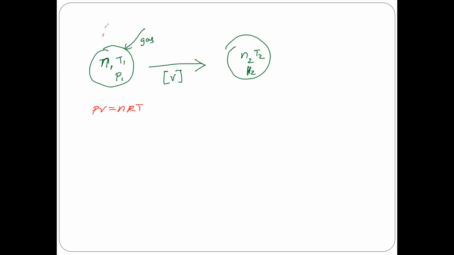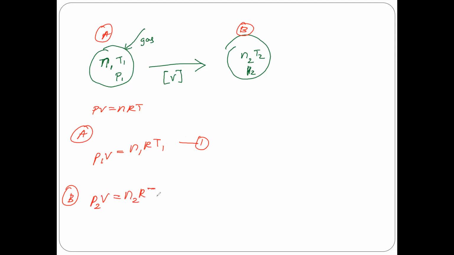This is container A, container B. So for container A: P1 V equals N1 R T1. So this is equation 1. For container B: P2 V equals N2 R T2. Now you have to get N2.